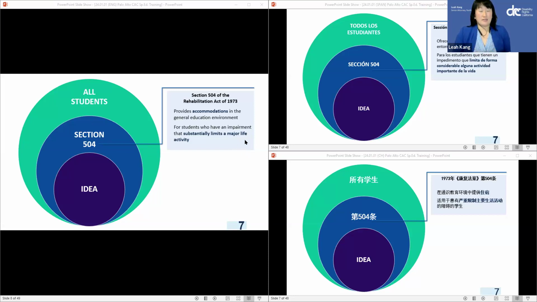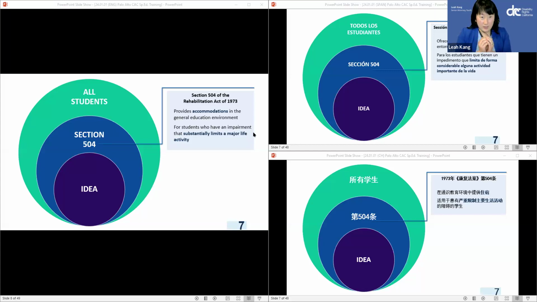So a major life activity can be learning, but it can also be walking, breathing, any major life activity that is impaired by a disability means the student is protected by Section 504. And under Section 504, the school needs to provide accommodations to allow them to access general education.